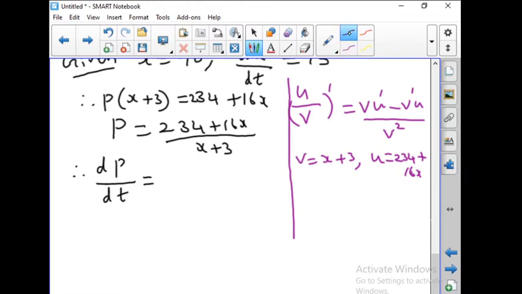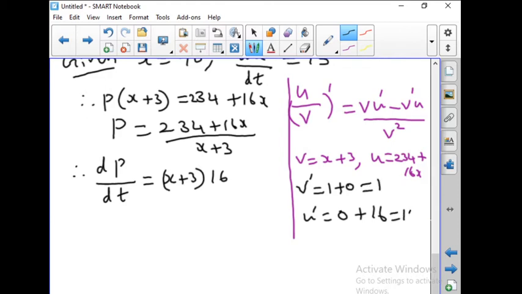Using this formula, dp by dt is equal to v first, so x plus 3 into u dash. What is u dash? 16. Hope you know how to differentiate. What is v dash? Differentiation of x is 1, plus 0. And u dash is 0 plus 16, because differentiation of x is 1. So v dash is 1 and u dash is 16.